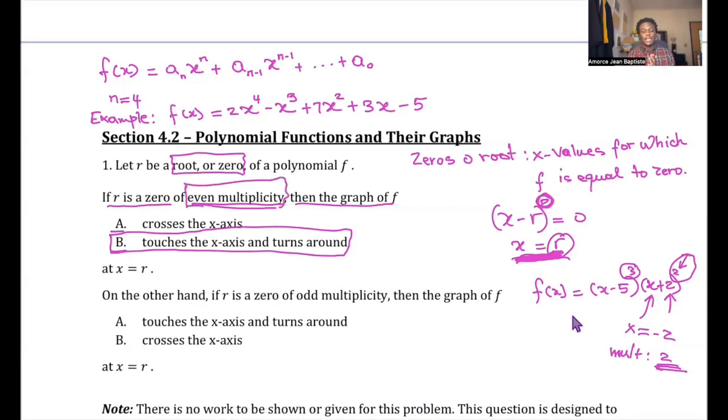When the multiplicity is odd, then you get the other scenario. So if r is a zero of odd multiplicity, the graph of the function crosses the x-axis.